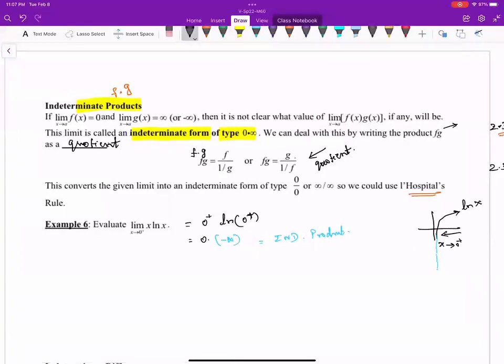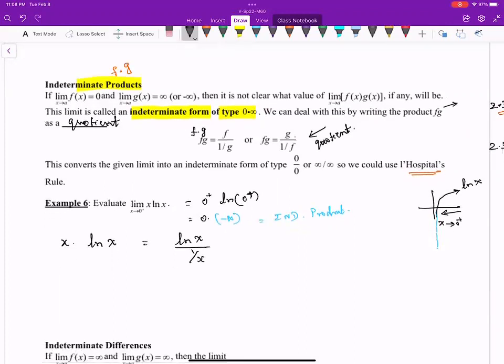Now we want to write this product in a different way. So before we apply the limit, we'll write it like ln of x over 1 over x. We could have also written x over 1 over ln x. So anytime the problem has an expression ln x, it's preferable to have it in the numerator as opposed to the denominator. Now we apply the limit.